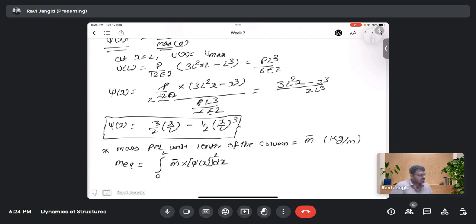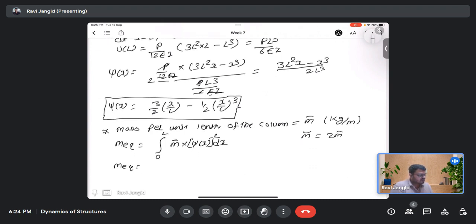Yes. Okay, so I have two columns. Both the columns have mass, so m bar would become 2m bar. So m equivalent would be integral 0 to L of 2m bar into (3 by 2 x by L minus 1 by 2 (x by L)³) squared dx.